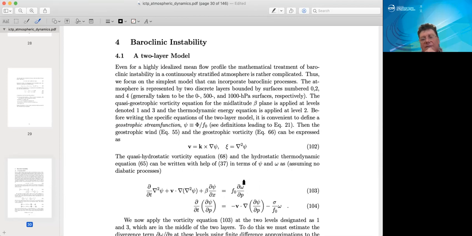So we do not have a closed system if we just consider the momentum or the vorticity equation. In order to close that set of equations, we have to use another equation, which is the thermodynamic equation. And this interaction between dynamics and thermodynamics gives us the possibility to find the baroclinic instability, which we will derive in the next lecture.